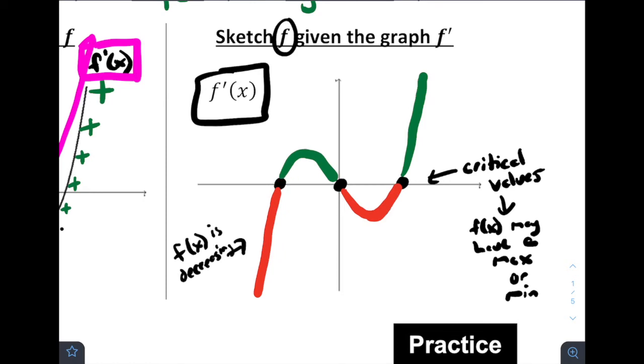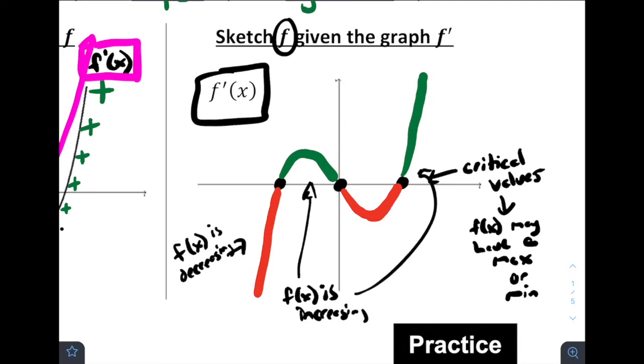Then from this green part, we know that f of x is increasing because the derivative is positive. We know for both of these green parts that f of x has to be increasing because the derivative is positive. And for these two red parts, we know that f of x needs to be decreasing because that derivative is negative.